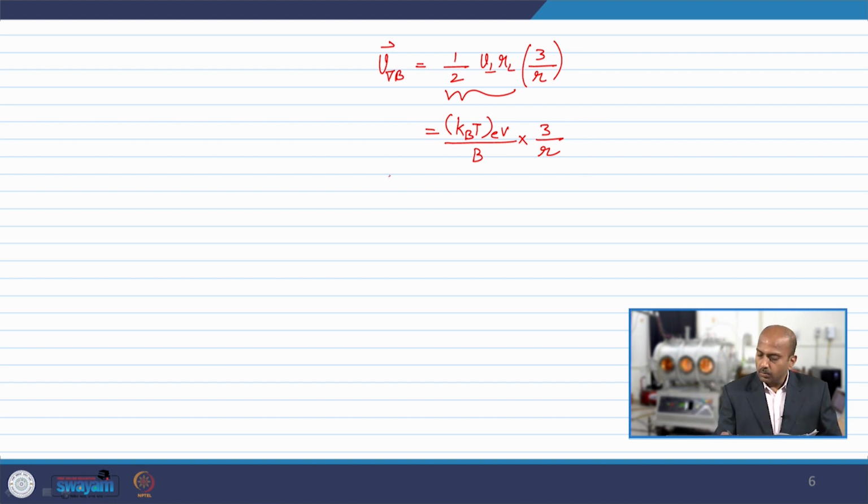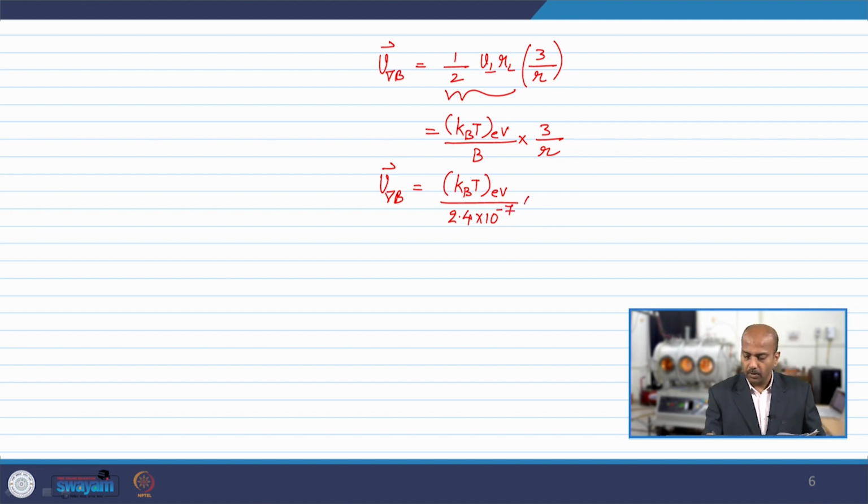right. So, let us substitute the value of r. v del B is kBT in eV divided by the magnetic field, which is 2.4 times 10 to the power of minus 7, into 3 divided by 5 into 6,400 kilometers, 6,400 times 10 to the power of 3 meters.